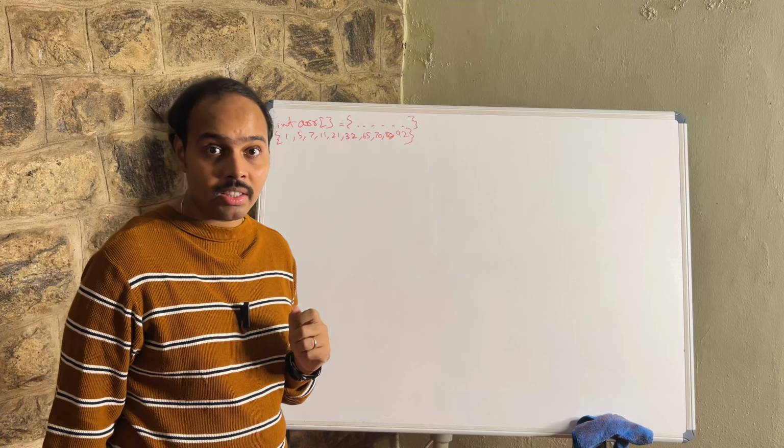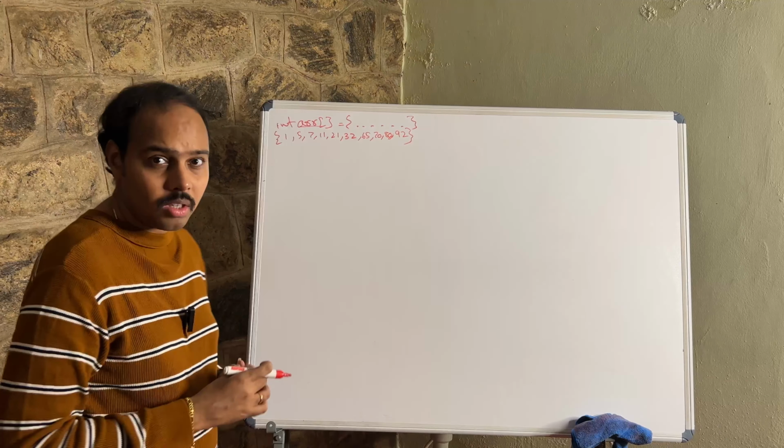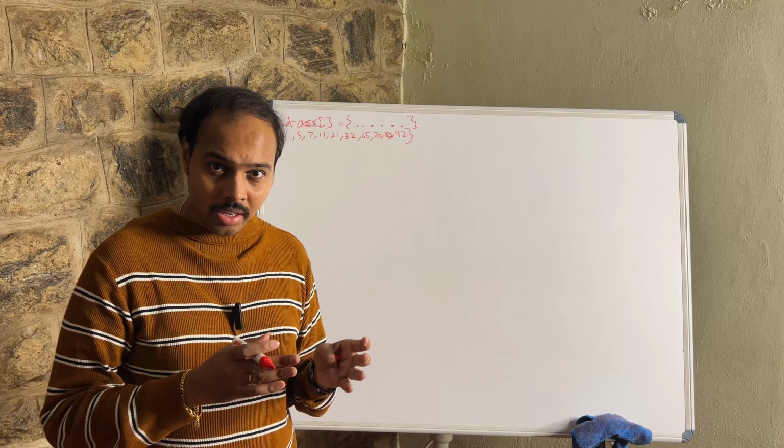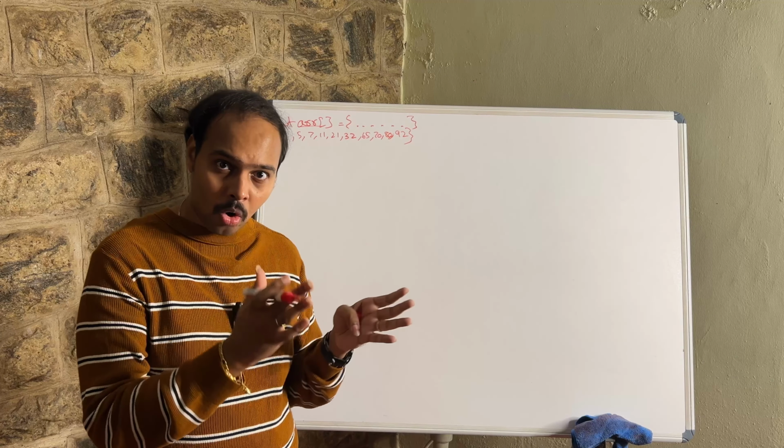When we are calling this binary search, we have to pass at least three arguments. One, the array itself, where you are going to look for the number. Then you have to pass the lowest index and the highest index. Why do you want to do that? Because as in the dictionary example, you have seen that it's not always the whole book.